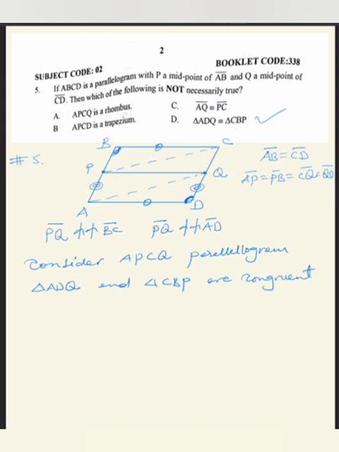D true ከሆነ ያ ማለት triangle ADQ እና triangle CBP congruent ከሆኑ ከዚህ ምን እናገኛለን? This implies AQ and PC are the same. Okay, they are equal.